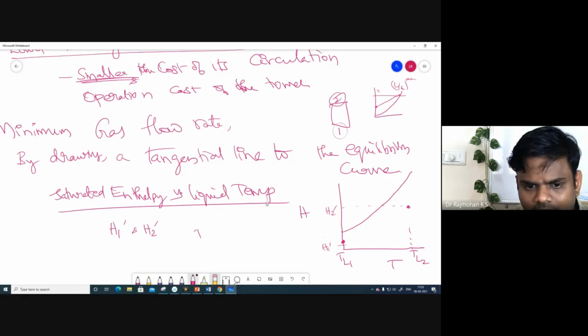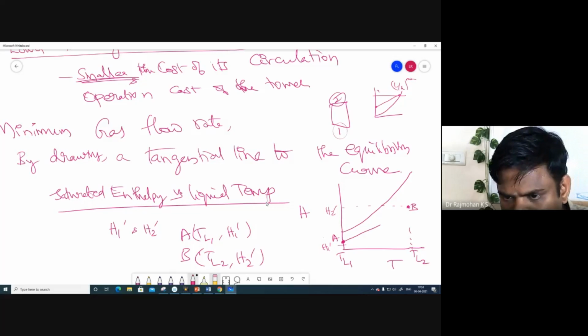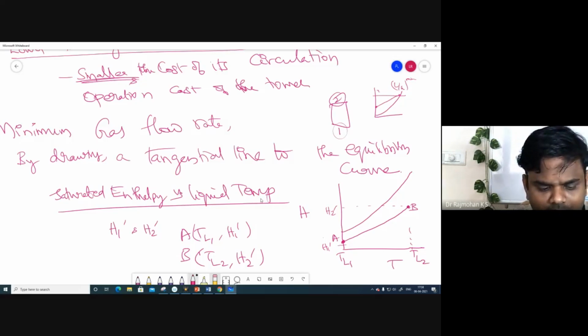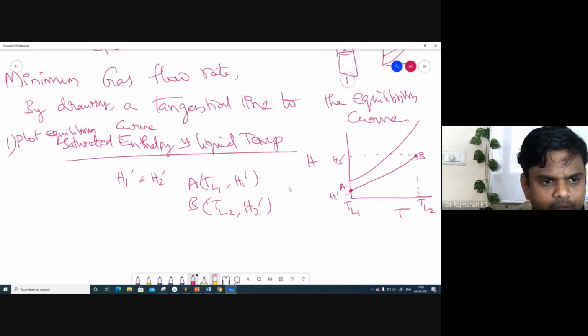So we will have point A as TL1 comma H1', and similarly let me say B, TL2 comma H2'. If these two points can be drawn, A and B, we join points A and B. So first, what we are doing here is to plot the equilibrium curve, that is saturated enthalpy versus liquid temperature, and mark points A and B.